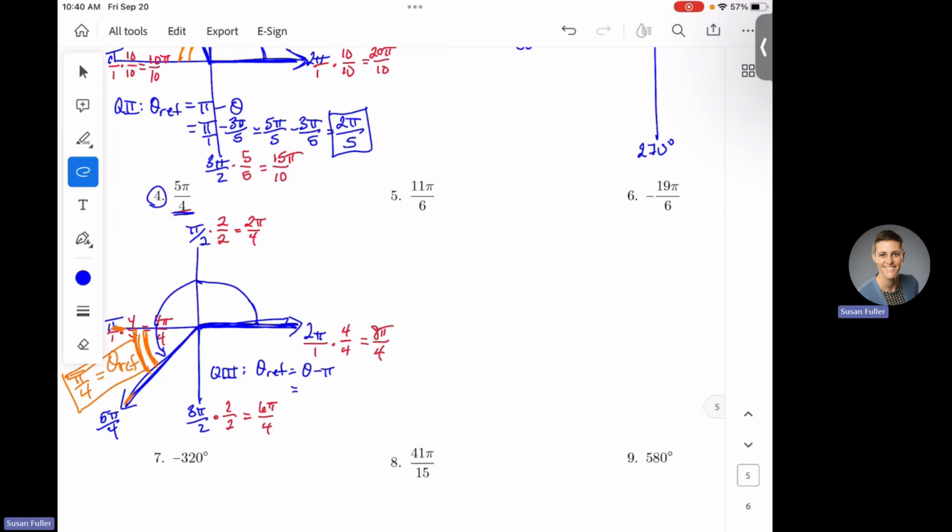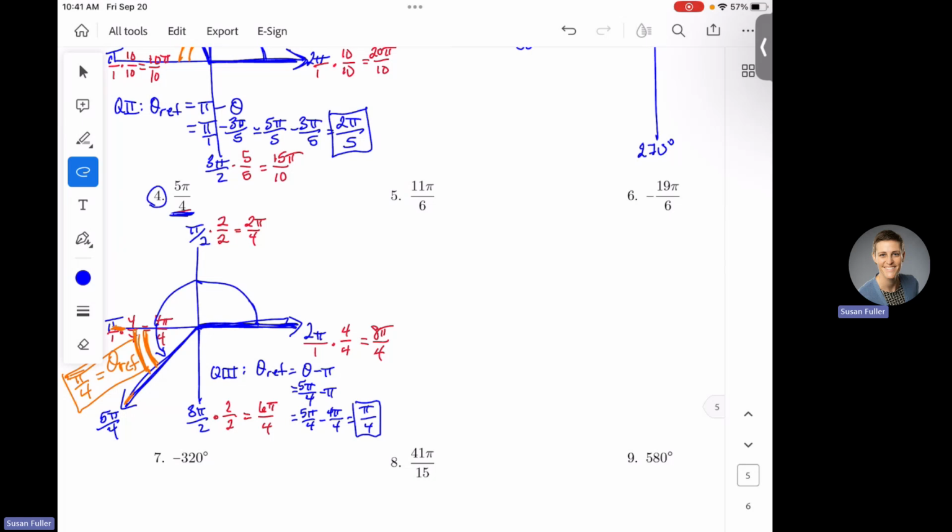And so to figure out what my reference angle is, I would take my theta value, that's my original angle here, 5 pi over 4, and I'm going to subtract pi. Again, you would need a common denominator to subtract those. So I would do 5 pi over 4 minus 4 pi over 4. And we would get 1 pi over 4 as our reference angle there using our formulas if we decided to do that.